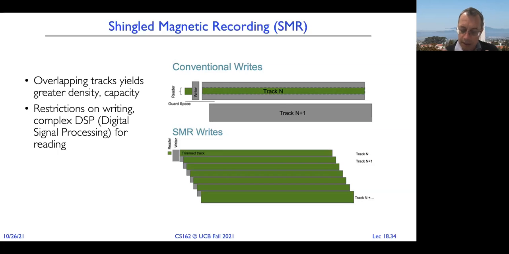But in the race to add more and more bits to increase the capacity of the disks, people came up with this technique, in which, in some sense, the tracks almost overlap. And obviously now you need to be very careful and you need much more complex digital signal processing techniques to make sure that you avoid a bit being corrupted by writing a bit in a nearby track.